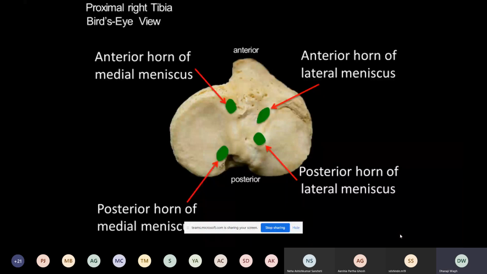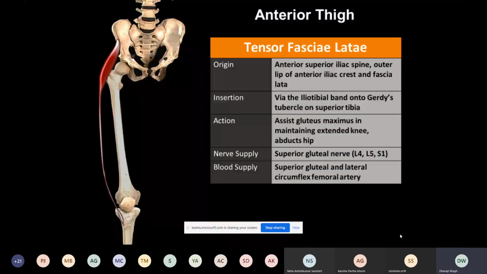In this diagram you can see the menisci, with the anterior and posterior horns of medial and lateral menisci. All these below are muscle revisions.